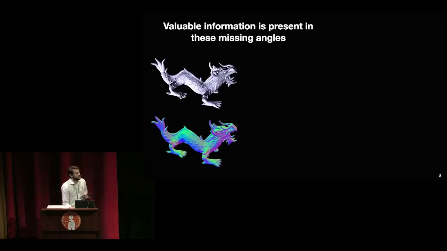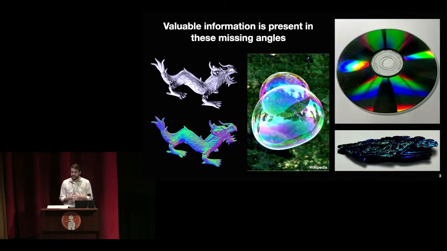There's a lot of very valuable information present over this very broad set of angles, including valuable shape and visibility cues that can be used for high quality shape reconstruction, in addition to very complicated reflectance phenomena that appear over a broad set of angles, including iridescence, where the spectrum of the reflected light changes over this set of angles.